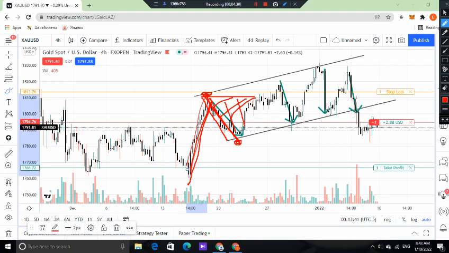So we have this first leg, and what about the second one? We do the same for the second one too, and if you consider this as a pullback leg, now I think we have more than a 50% correction.